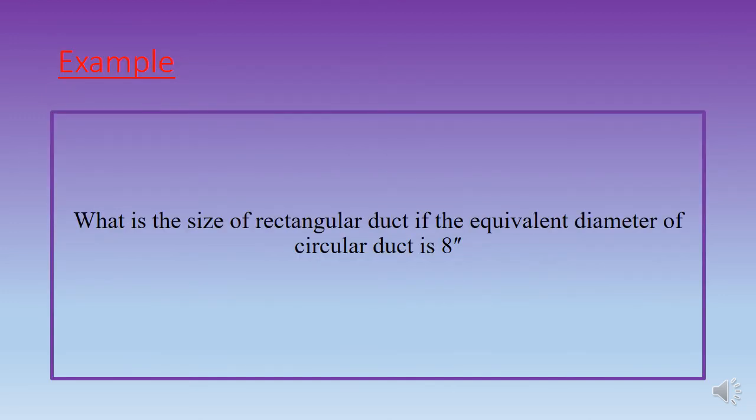Alright, now let's look at an example. What is the size of a rectangular duct if the equivalent diameter of the circular duct is 8 inch? Alright, so this is from a circular duct to a rectangular shaped duct.